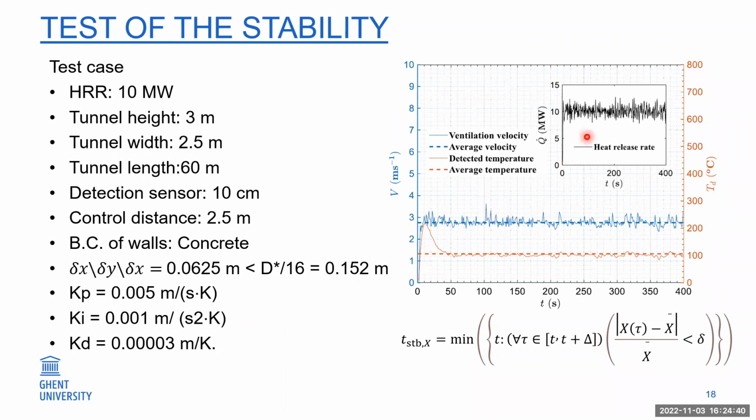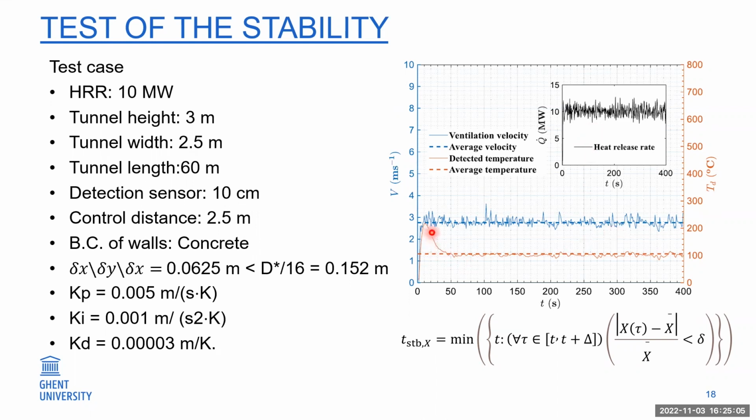We can see the heat release rate, even though we set it to 10 megawatts, still has some fluctuation, because in FDS, if we fix the heat release rate, it is only the mass loss rate that is fixed, and because of the EDC model, it still has some fluctuation.